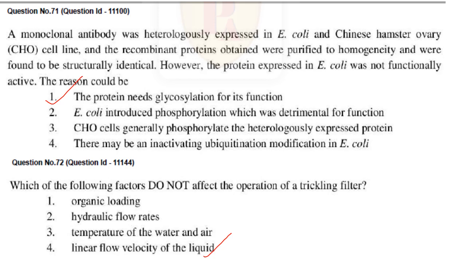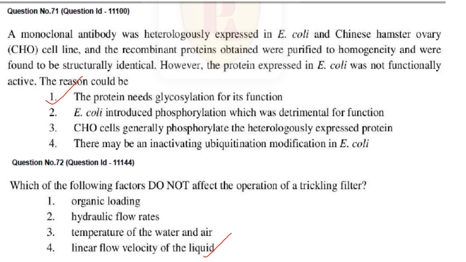So next question. A monoclonal antibody was heterologously expressed in E. coli and Chinese hamster ovary cell line, and the recombinant protein obtained was purified to homogeneity and found to be structurally identical. However, the protein expressed in E. coli was not functionally active.